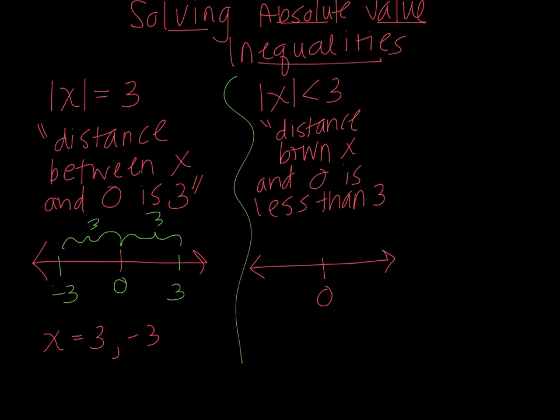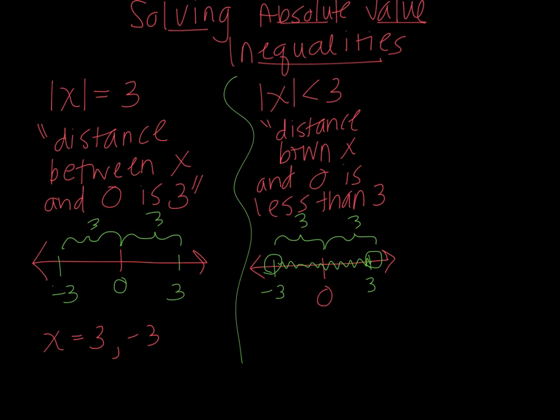Here's 0. All the numbers that are less than 3 units away from 0 are between negative 3 and positive 3. So it's all these numbers here, not including negative 3 and not including positive 3 because those numbers are exactly 3 units, not less than 3 units.